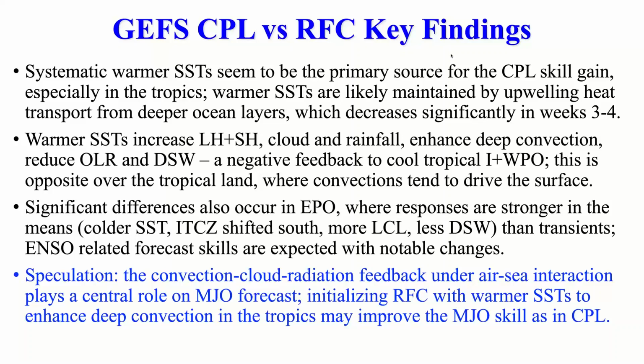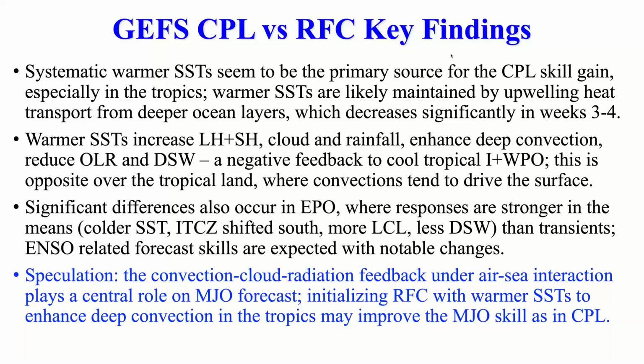So I have a speculation here for these differences between the CPL and RFC. The convection cloud radiation feedback under land-ocean-atmosphere interaction plays a central role in MJO forecast. So initializing RFC with warmer SST to enhance deeper convection in the tropics may improve the MJO skill as seen in CPL.